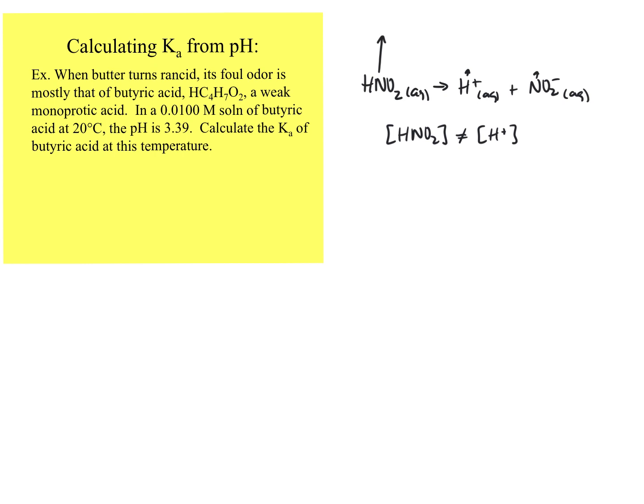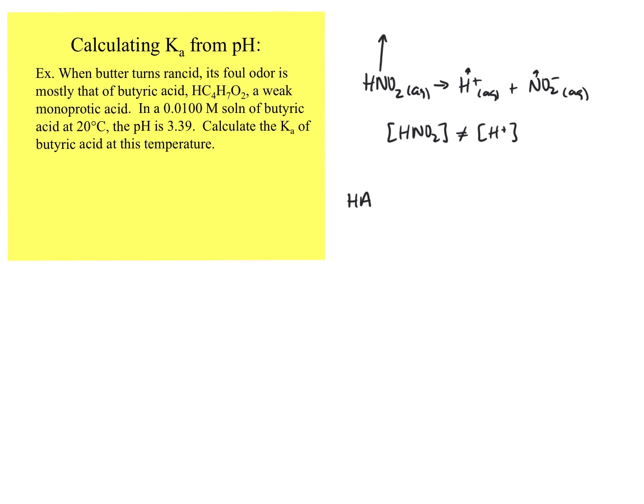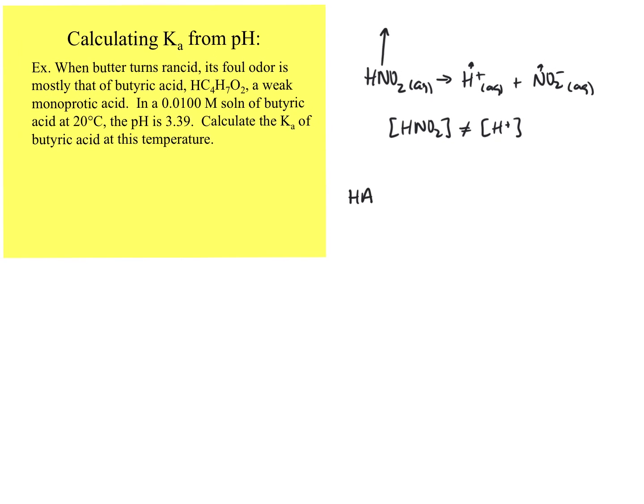Okay, so let's look at this problem and see what exactly is happening. We're given a weak acid, butyric acid, and it's telling us that when it's in solution, it gives you that pH. So what we have to do is an ICE table, and I'm going to use HA to represent butyric acid. I want to show its hydrolysis equation fully to show it reacting with water.